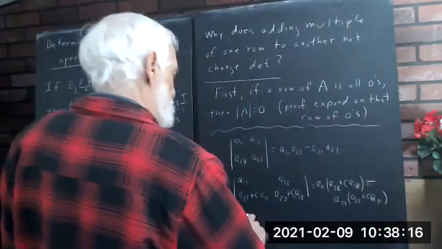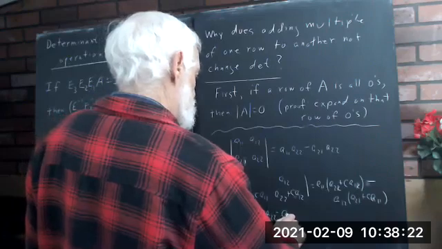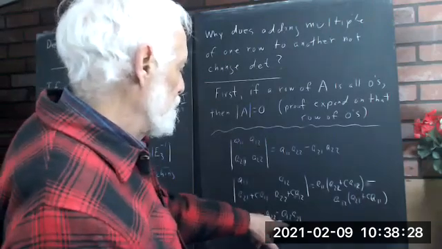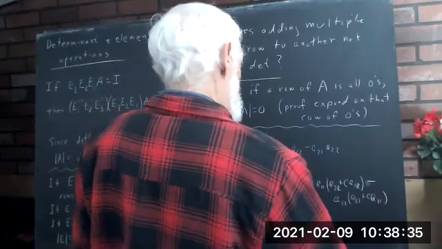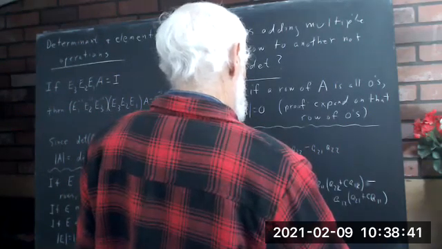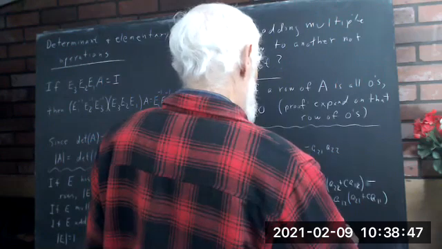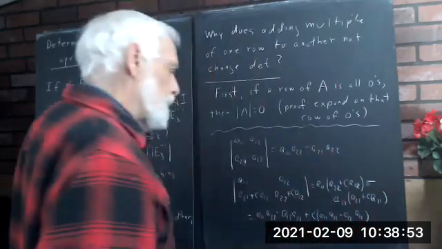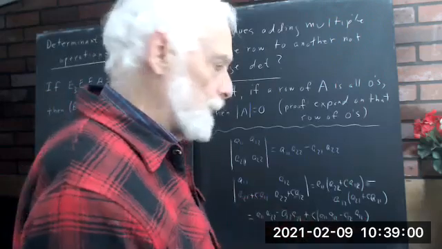And that equals A11 A22 minus A12 A21, plus C times (A11 A12 minus A12 A11).